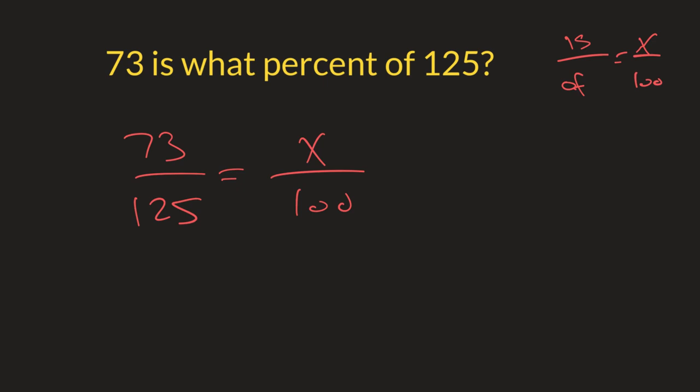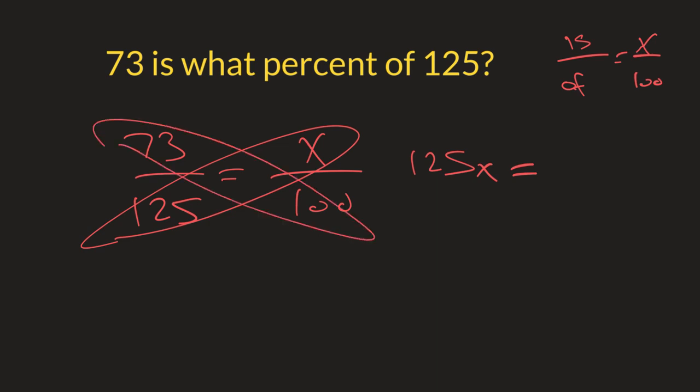They have to give you 2 out of 3. All right, here we go. Cross multiply. 125 times x. 125x equals. Get that equal sign there. 73 times 100? Yes. 7,300.